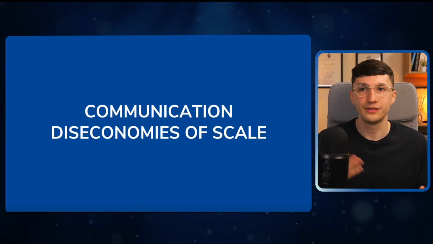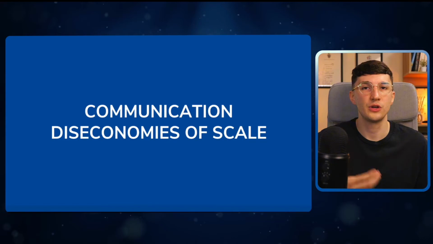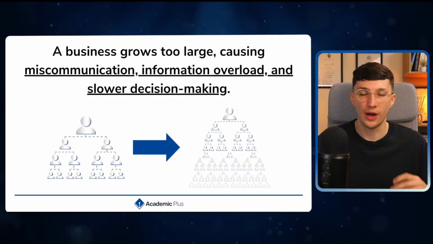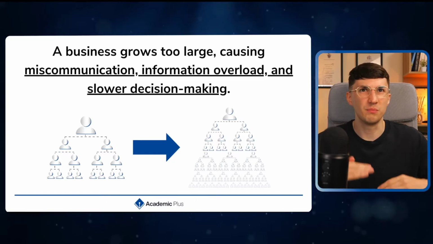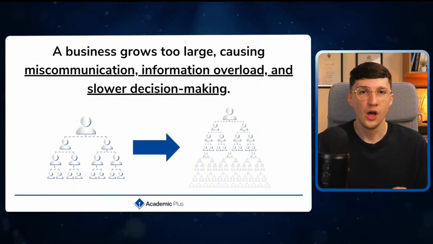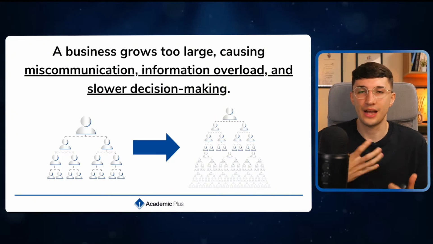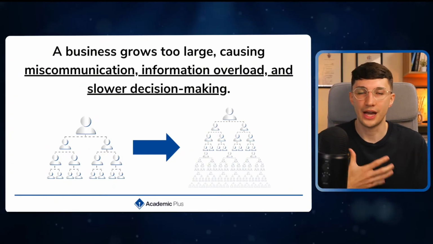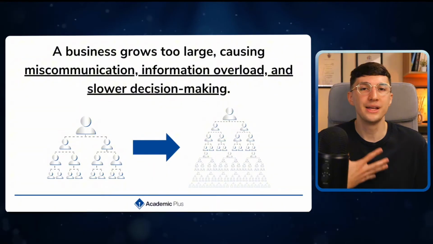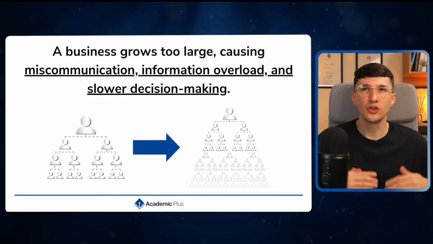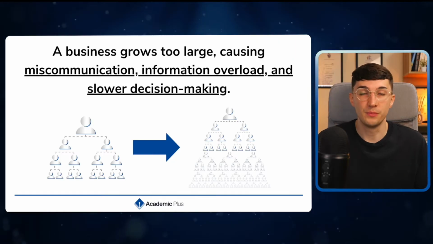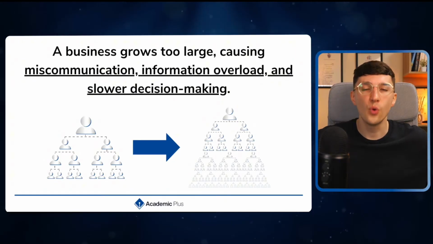Another reason why diseconomies of scale happen is also because of communication problems. As the business begins to grow, they're hiring in more people, there's more layers within the hierarchy. Well, unless we've got really effective established communication channels in place, there's a good chance communication will begin to break down. Miscommunication may happen because I'm not just communicating through 5 or 6 layers of hierarchy, I may be communicating through 20, 30, 40 layers.